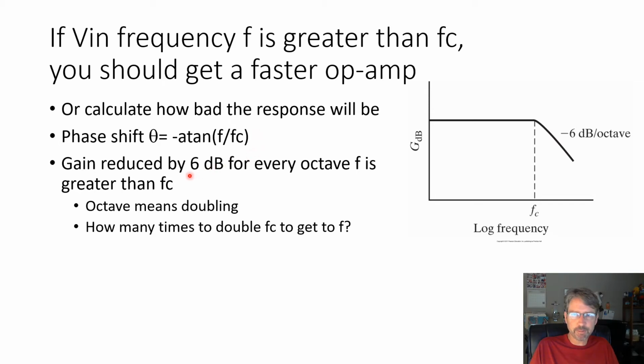So the phase shift is just negative arctangent of the frequency you're operating at divided by the corner frequency. And so that will give you the shift, which is the lag. There's a minus sign in here because it slows things down. So it will take a little time to respond, and that shows up as this phase shift angle.